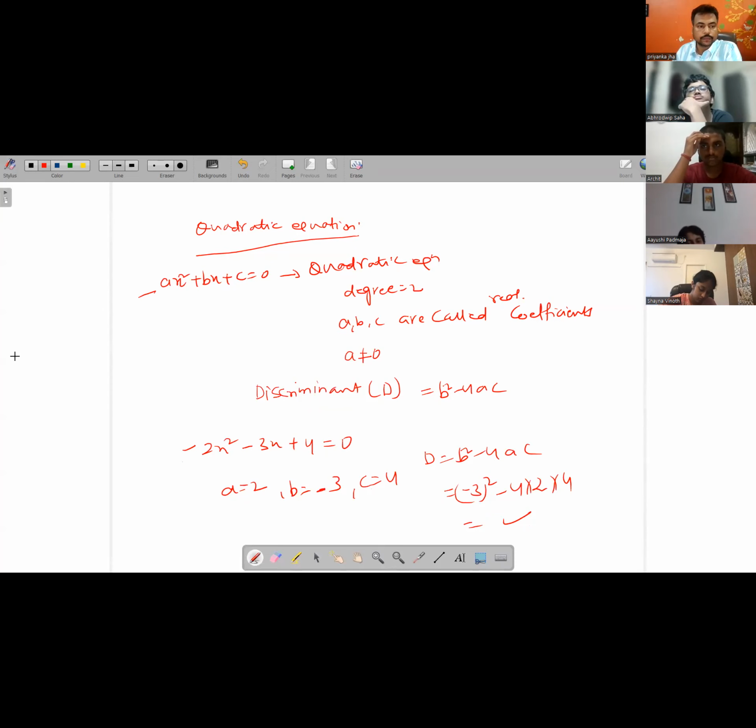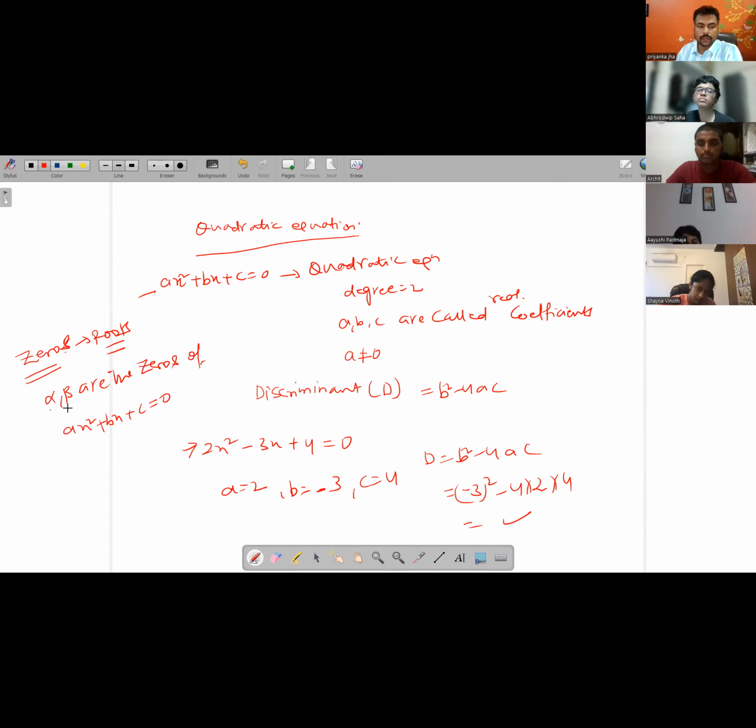There is a term zeros. Zeros means roots. Suppose alpha and beta are the zeros of the quadratic equation ax square plus bx plus c equal to 0.